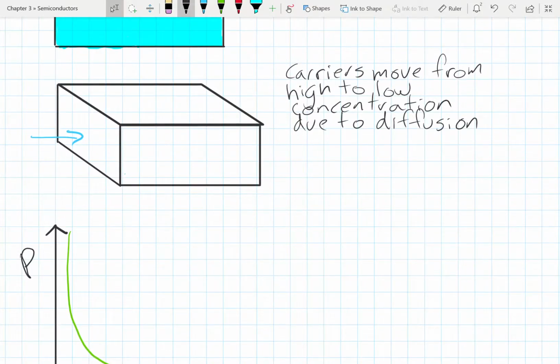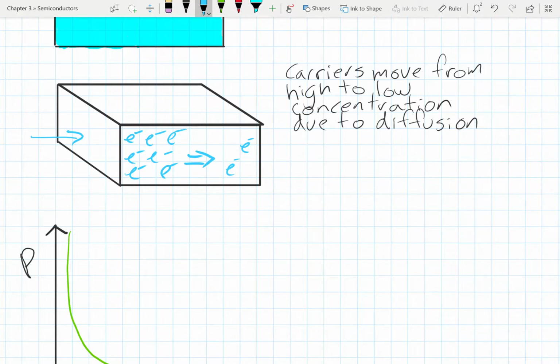So if you add electrons here, you have a bunch of electrons, e minus, here. You have a higher concentration here, and let's say you have a lower concentration on the other side. Those are the electrons that were already in the piece of silicon. And the electrons are going to move in this direction due to diffusion, from left to right.